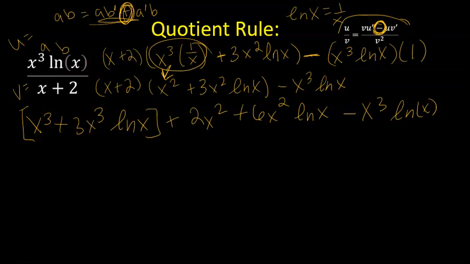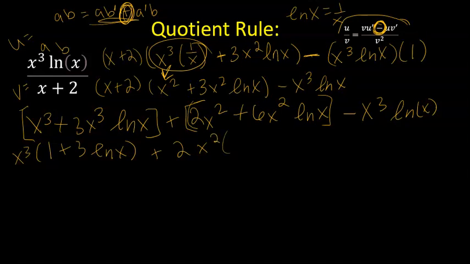And if I get rid of, these kind of got together right here, what I could do is extract x to the third out of here and make it 1 plus 3 ln x. Plus I can remove the 2x to the second here and actually end up with 1 plus 3 ln x here. I can leave this as it is. There's not much to do with that.